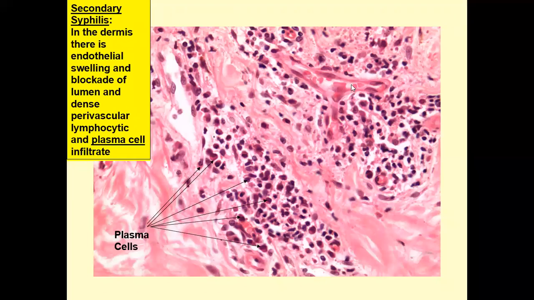That is the reason why if you scrub the primary chancre, there will be little bleeding, because the blood vessels are occluded because of swelling of endothelial cells, not by thrombi.